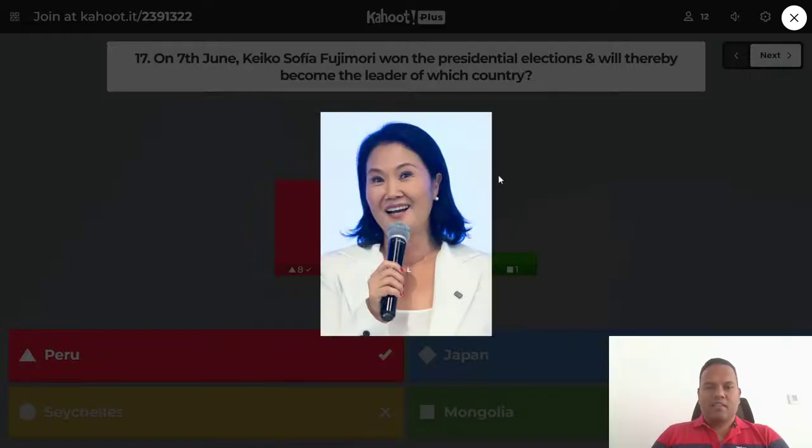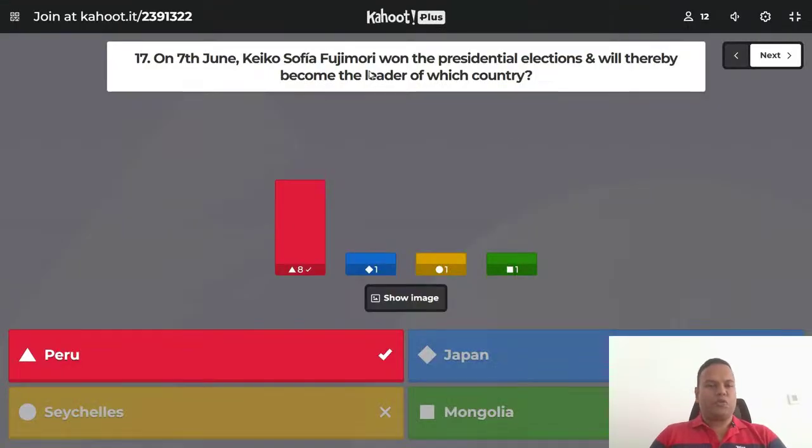And her father was also a president of Peru, and I believe he was in jail for part of it, in the latter part, because of corruption allegations, but I think he was released around 2023 or 2024, and she is his eldest daughter. So she will be the president of Peru, I believe, at the end of this month or starting next month.